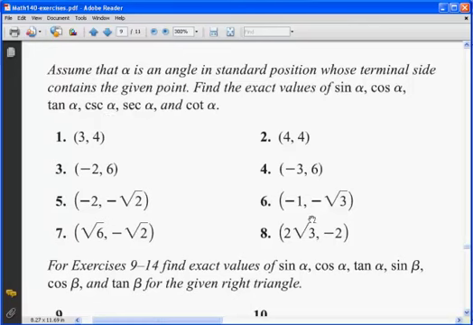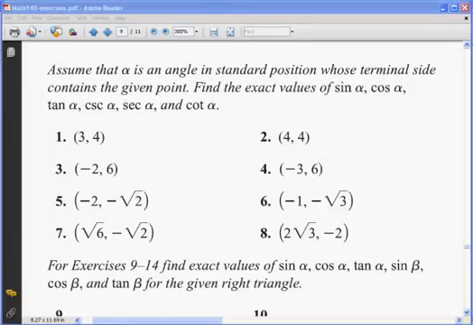So right now we know one point on the terminal side of this angle alpha, and we need to find the 6 trigonometric function values of this alpha.